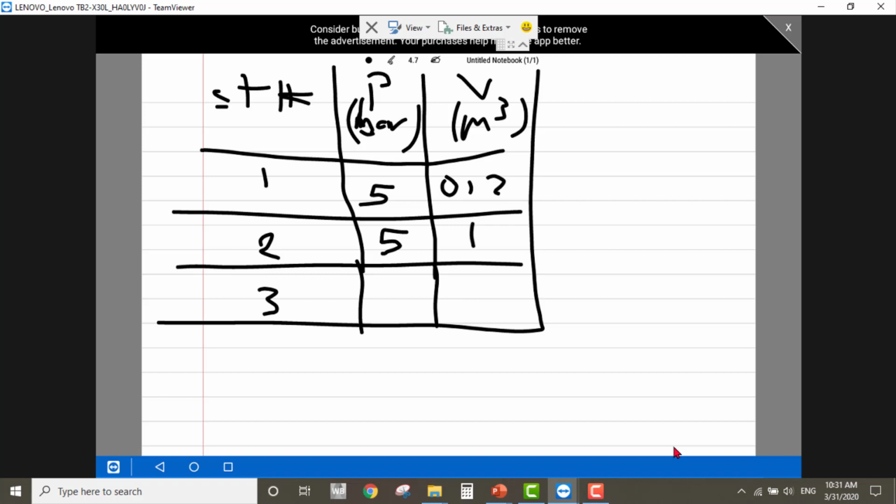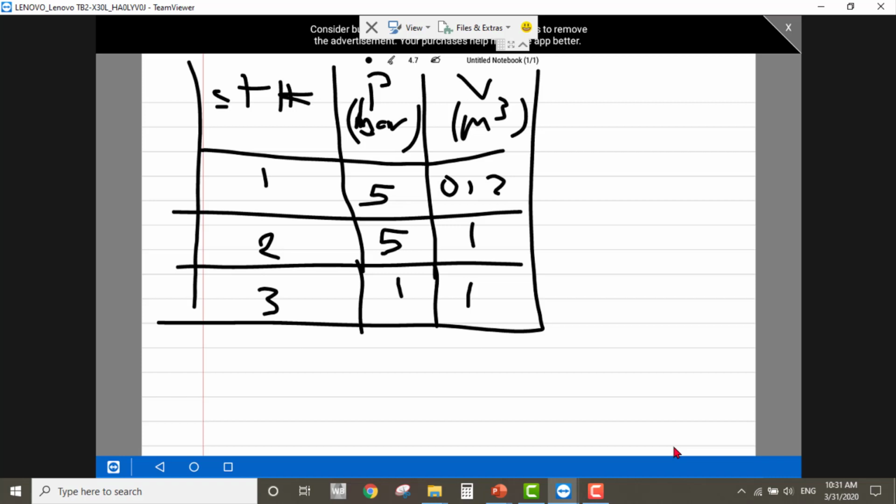In process 2 to 3 it's mentioned that we have constant volume, then V2 equals V3, so this equals 1. And pressure 3 equals 1 bar. So everything is known; none of the states are unknown.